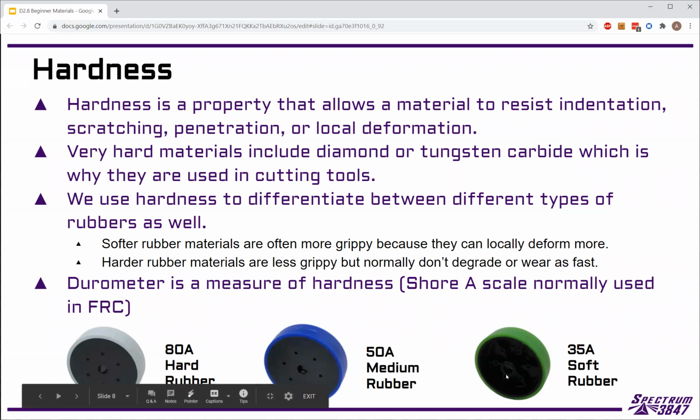Eventually we have to replace it more often because it wears down to the point where it's no longer usable for any variety of reasons. It stops being able to grip the ball as well just because the rubber is completely gone or it's now a different size. So we'd have to change it out.